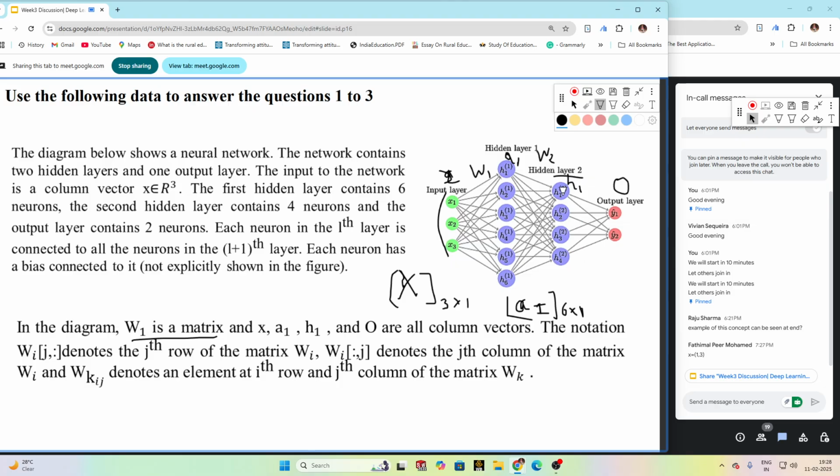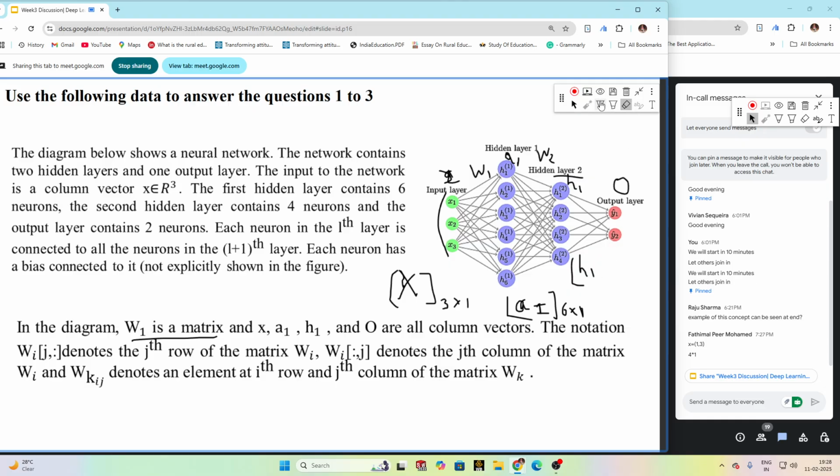The H1 matrix will have dimension 4 cross 1, and the O matrix will have dimension 2 cross 1. So these are the dimensions of all the matrices.